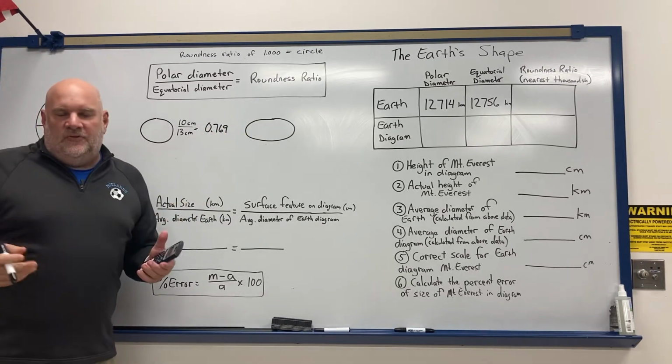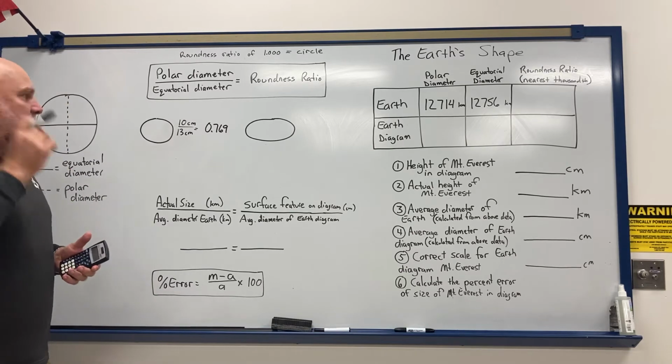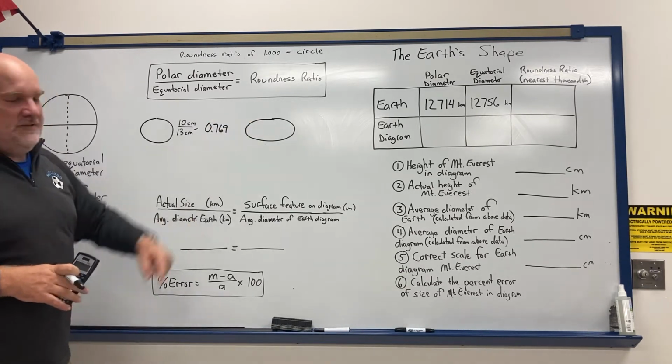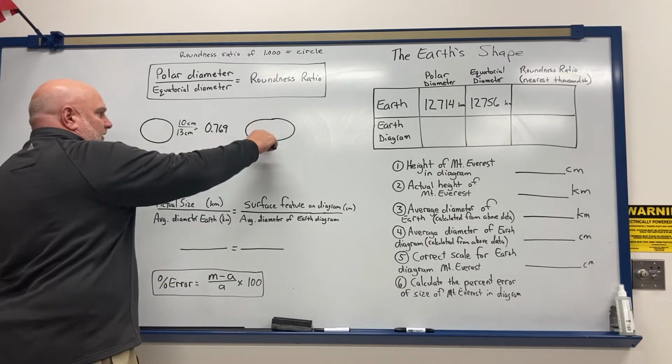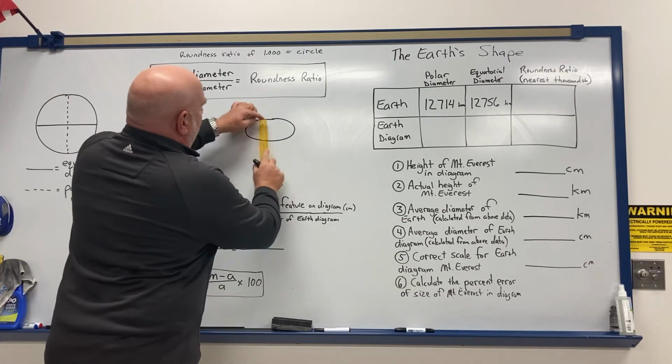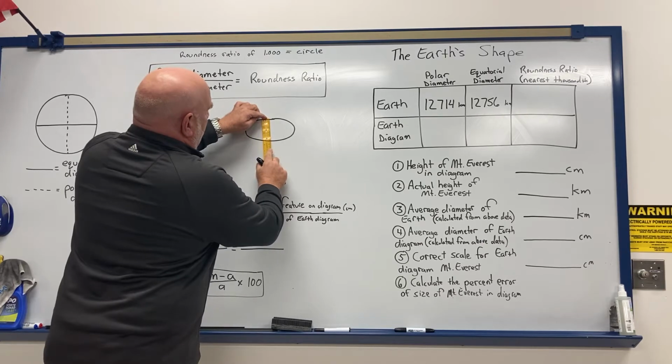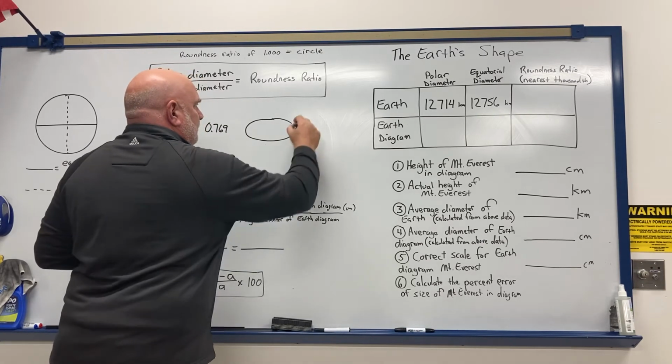Now, that number is kind of meaningless unless I have something to compare it to. So let's compare it to this one right here. Polar diameter is that number right there. I measure from there to there, and I get 8.5 centimeters.